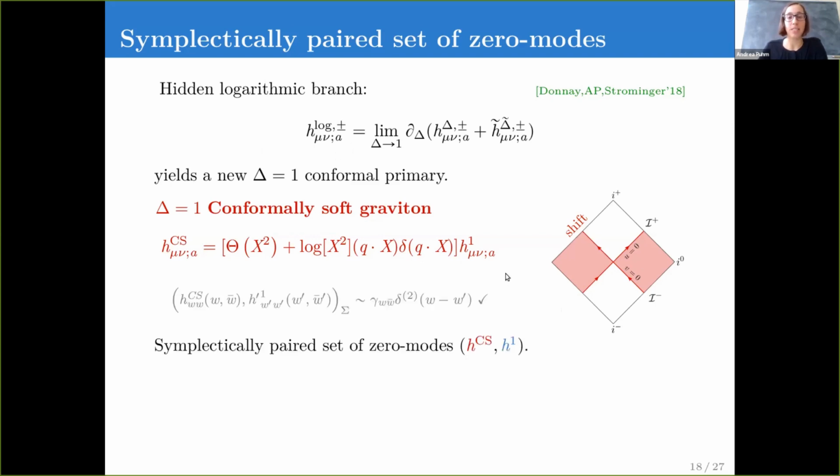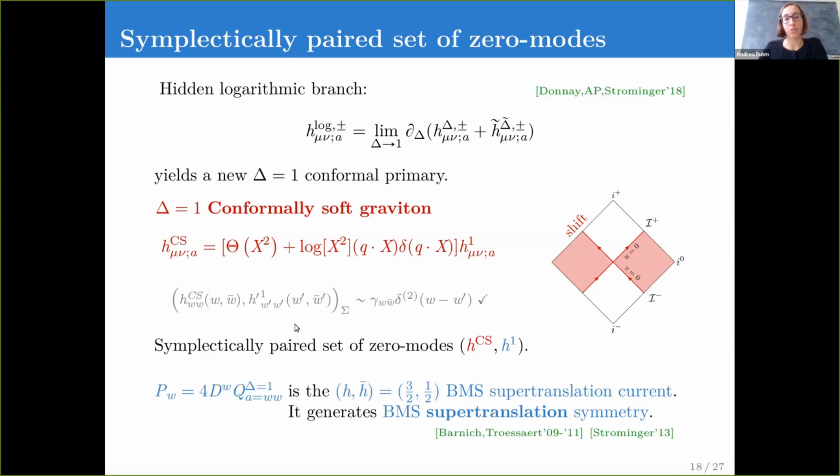Now one can explicitly check that this new conformally soft graviton mode is the symplectic partner of the dimension 1 Goldstone mode. And so in this sense, we've understood that there is a symplectically paired set of zero modes, where one of the modes is not trivially visible in the conformal basis after performing the Mellin transform.